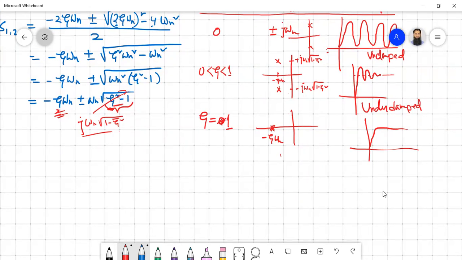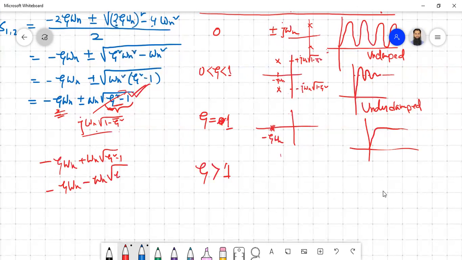Okay, third condition: if the zeta value is greater than 1, then what will happen? If the zeta value is greater than 1, that means this portion is positive. So we'll have minus zeta omega n plus omega n root over zeta square minus 1, or minus zeta omega n minus omega n root over zeta square minus 1, whatever the value of zeta above 1.